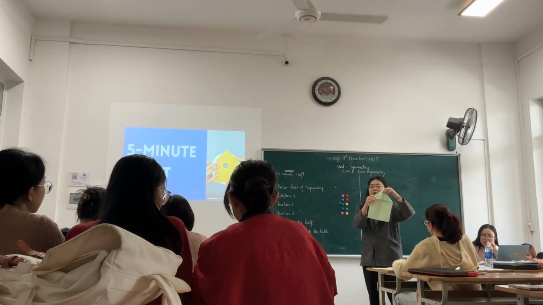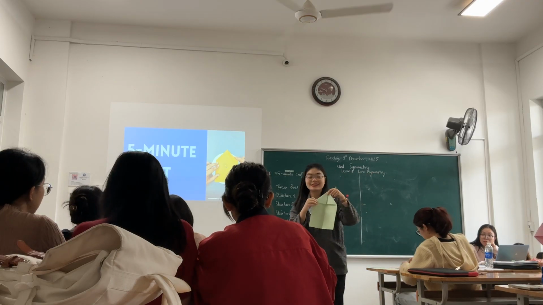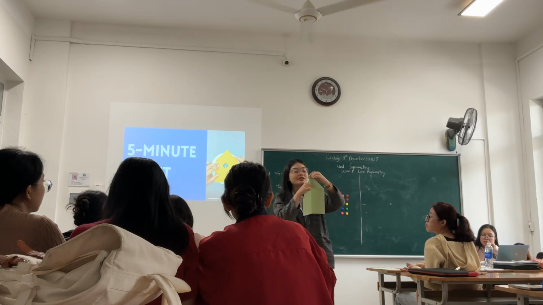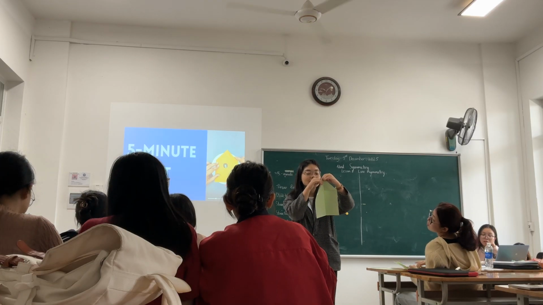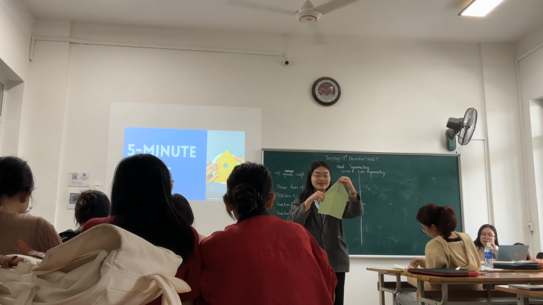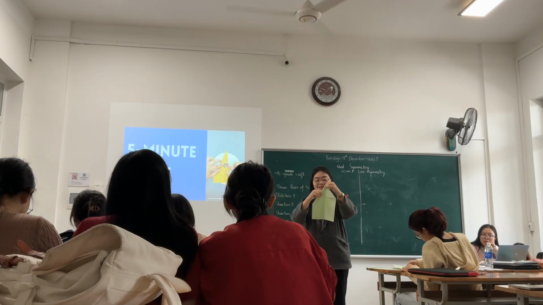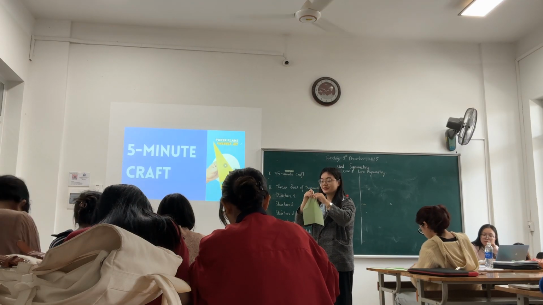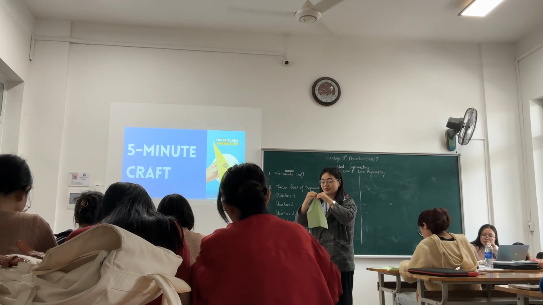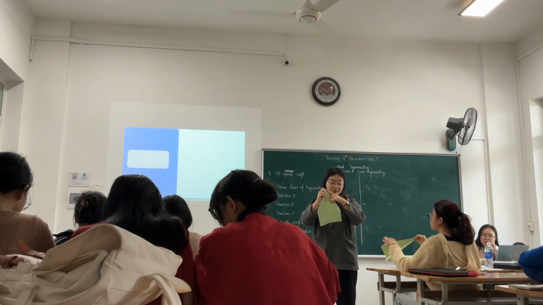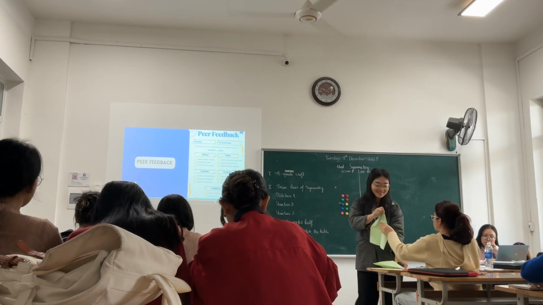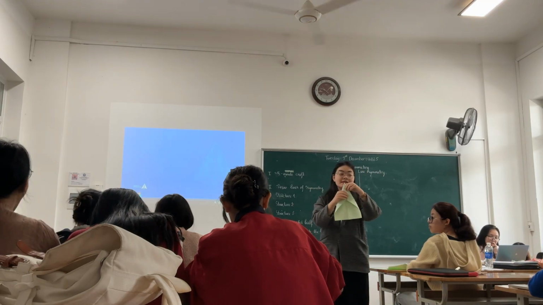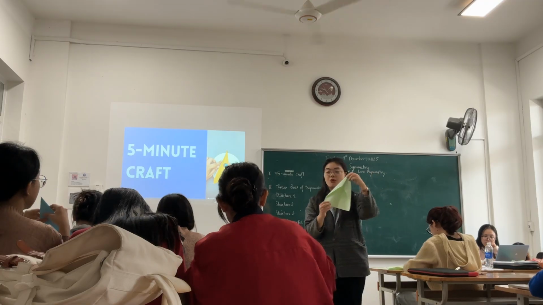So can I see your paper now? Yes, good job. And fold each side for 2 more times, please. Yes, 2 more times. Yeah, so our paper will be like this after you fold your paper.